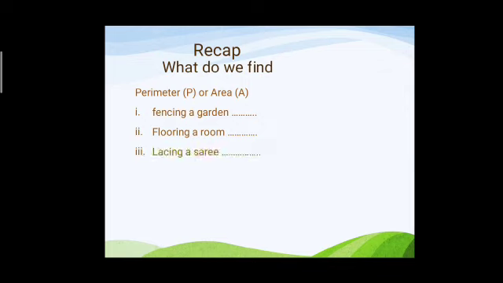Lacing a sari: in this, we have to work around the sari, then we will find the perimeter. Carpeting a hall: when we put the carpet in a hall, we work inside the figure, then we will find out the area.